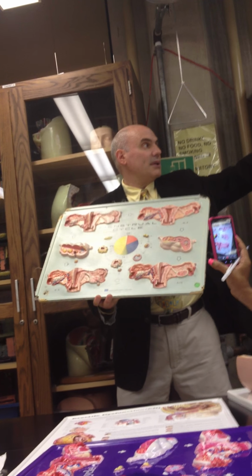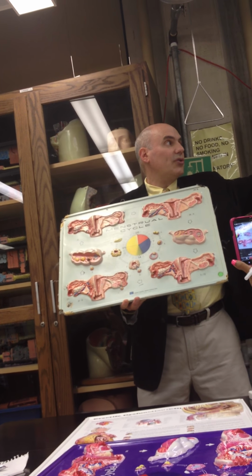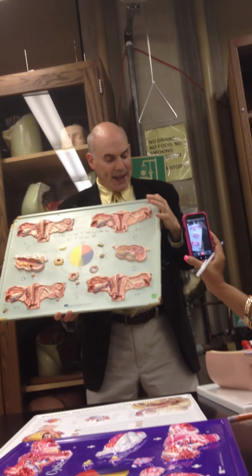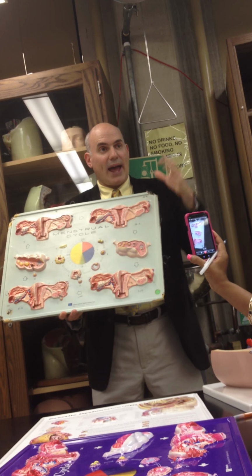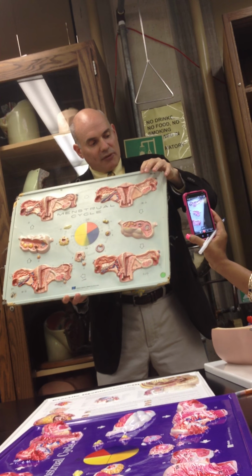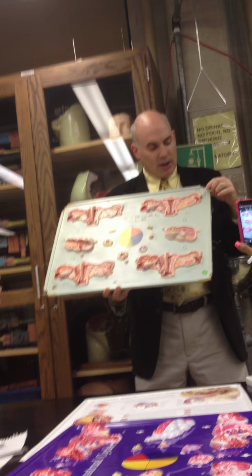They talk about some of the ligaments, the connective tissue that holds all these things in place, because the ovary and the fimbriae are not actually attached to one another. They kind of surround the ovary, come very close to it, and all the ligaments hold everything in position.